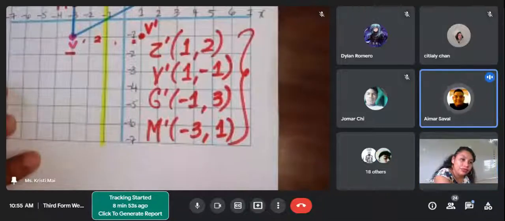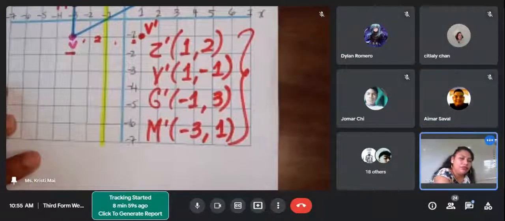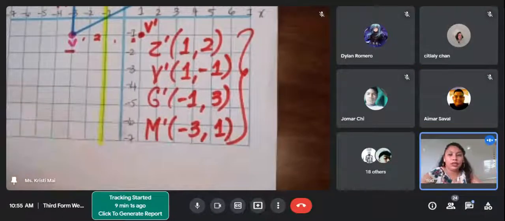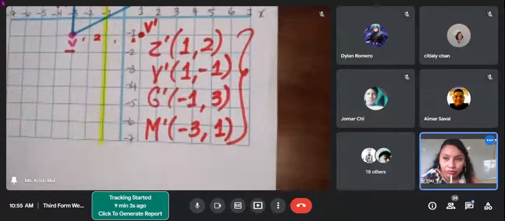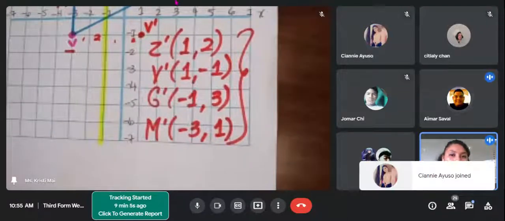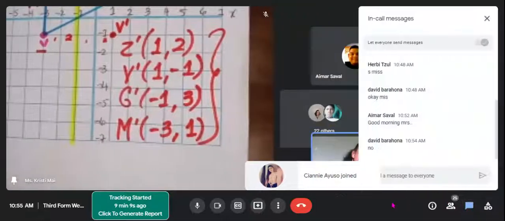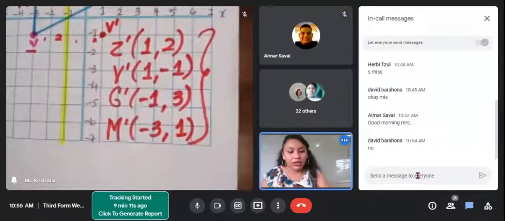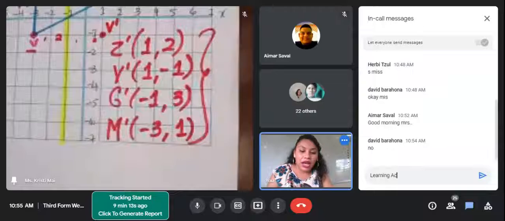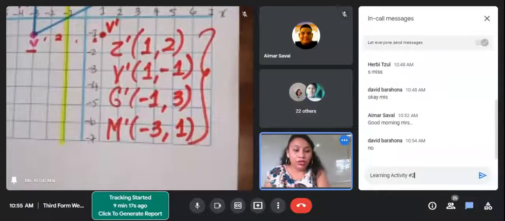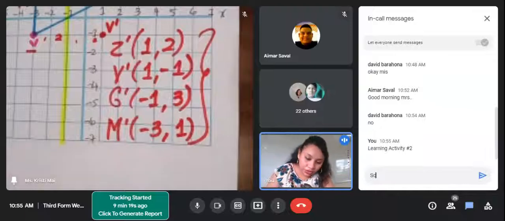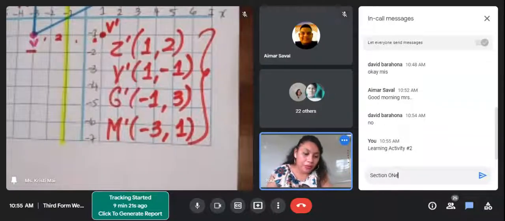Miss, so we just have to copy that under section 2? Well, under section 1. Okay, Miss. If you guys take a look at activity 2, this is learning activity number 2, and we're doing section 1.